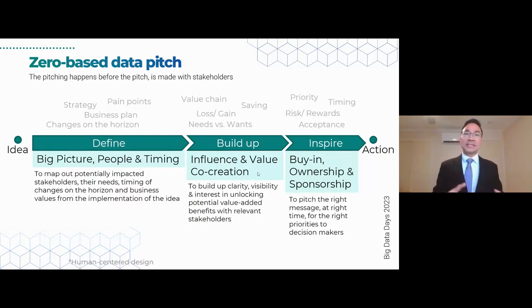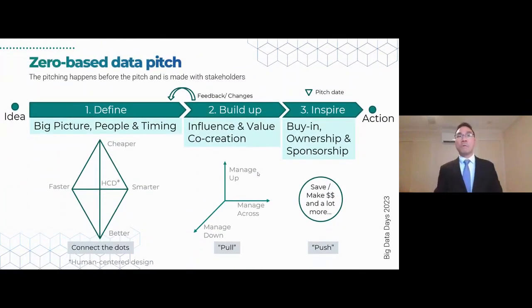It is in your full control to define things like the big picture, the people, and the timing of the initiative.